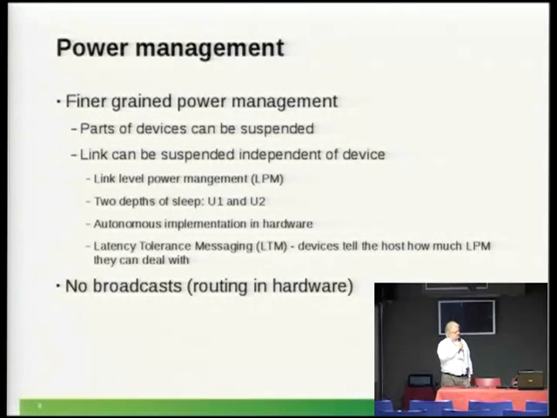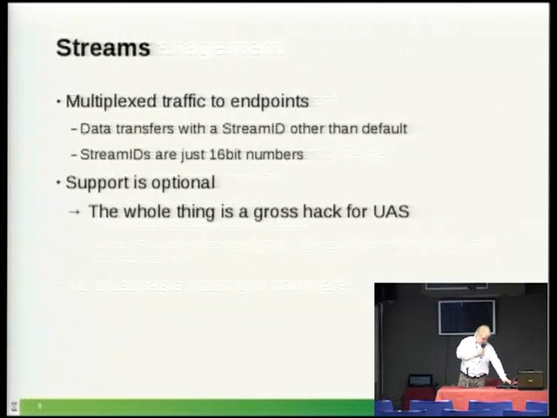Furthermore, we have the latency tolerance messaging, which is more or less about devices telling the host how much power management they can cope with. I'll have a separate slide for that. And furthermore, USB 2.0 was a broadcast bus. Anything the host said was attributed with the device address and sent out to the bus. Everybody could listen on it, and that also wasted power. We don't do that anymore.